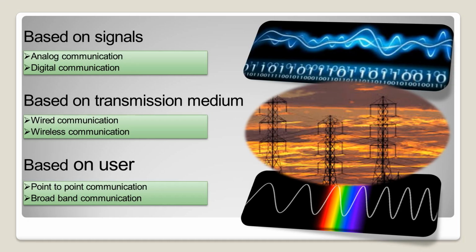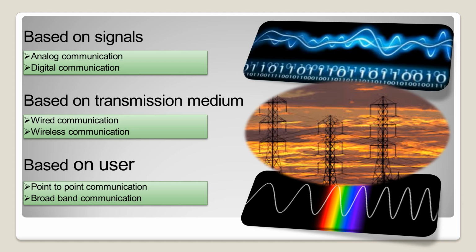So let us look into the parameters on which these classifications are based. The first one is based on the signals that we are using. Based on signals, we can classify the electronic communication system into two types, analog communication and digital communication.